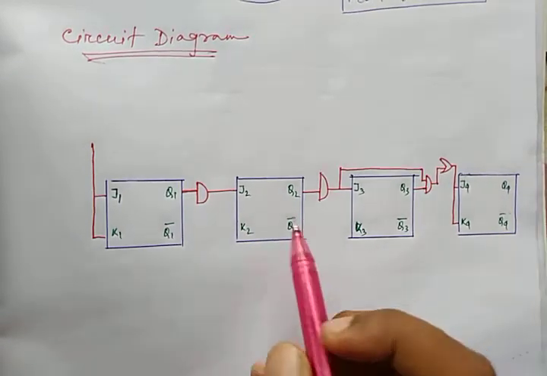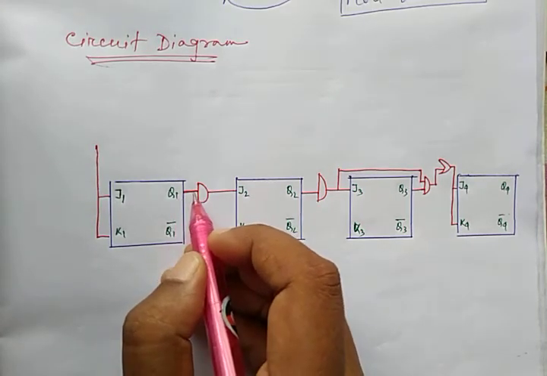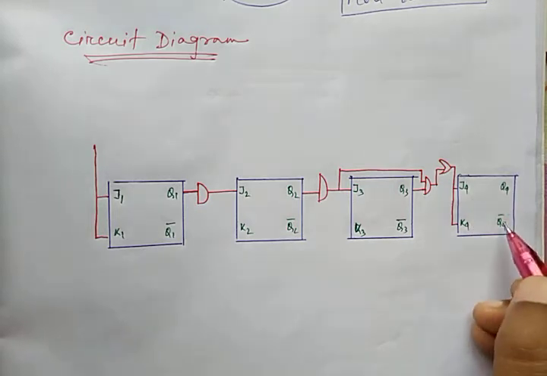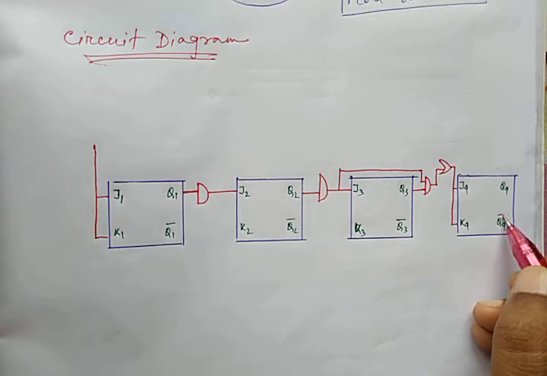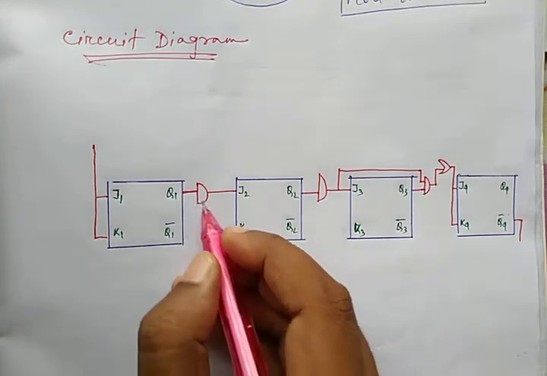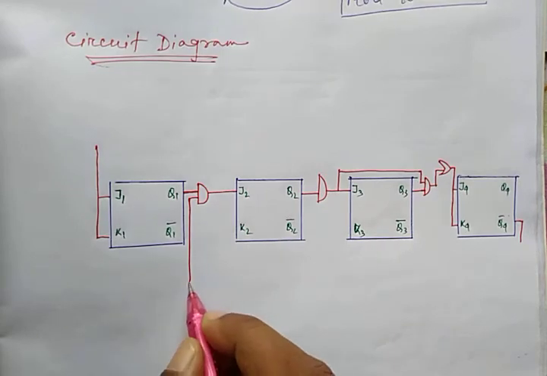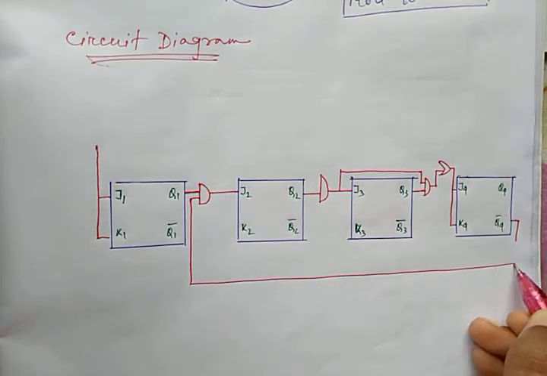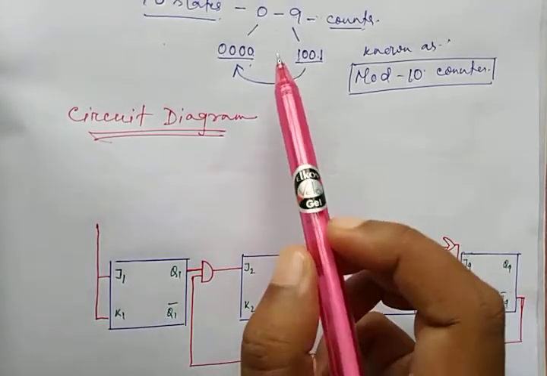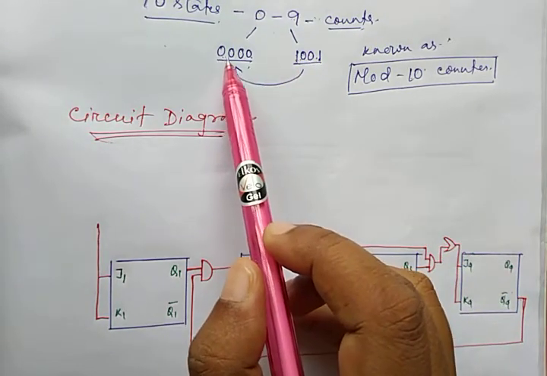But here in this decade counter, the AND operation of the output of Q1 and the output of Q4 bar, that means the complement output of the last flip-flop, is fed as the input in the second flip-flop. Obviously there is some reason for this.